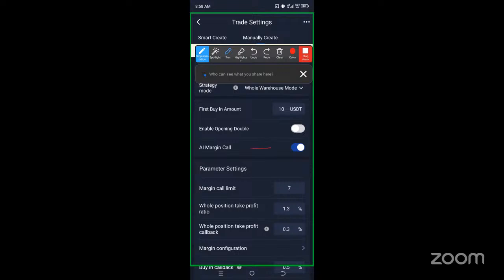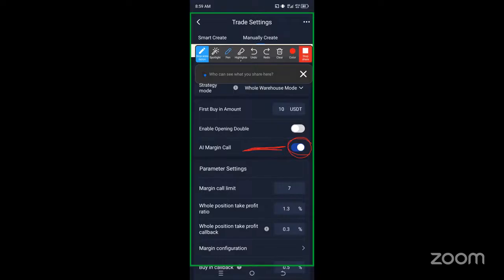When you open AI margin call this time, you allow another part inside the robot to monitor. If you open it, with the setting you have done, the robot will also use its own intelligence to enter the market at the right time, irrespective of what you have done.